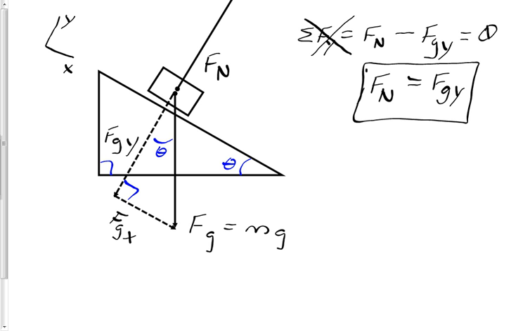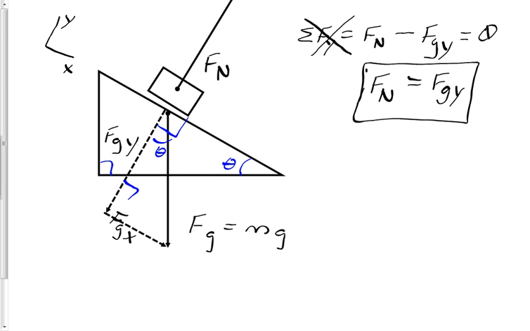If I were to bring these down to this point here, the contact point between the inclined plane and this triangle, what I can say is that this is a 90-degree angle as well.